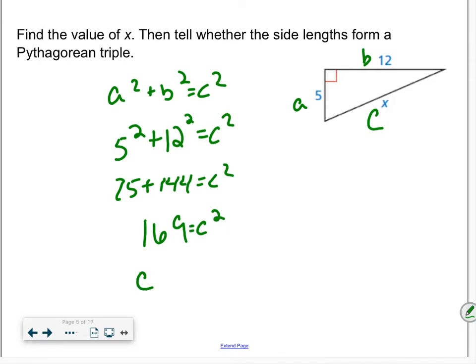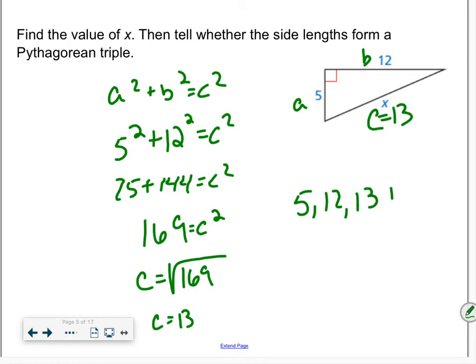When I want c, I'm going to take the square root of 169, and that comes out to 13. So this is indeed a triple. 5, 12, 13 is a triple. Basically, a triple is any time you're using Pythagorean theorem and your two legs and your hypotenuse are integers. A lot of times when we try to use Pythagorean theorem, we get decimals and we have to do rounding.